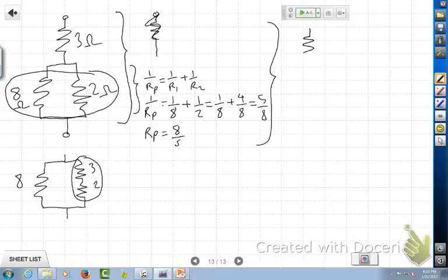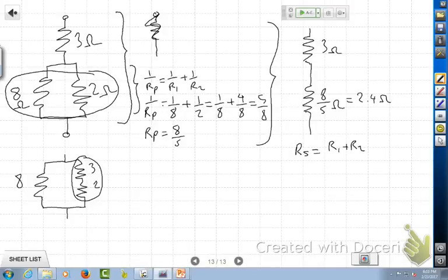So then I go, well, there's my 3 again, but now I've replaced these parallel combinations with an equivalent resistor, which is 8 over 5 ohms, and this is 3 ohms. Let's write this out as 2.4 ohms. Okay, so I go R series equals R1 plus R2.